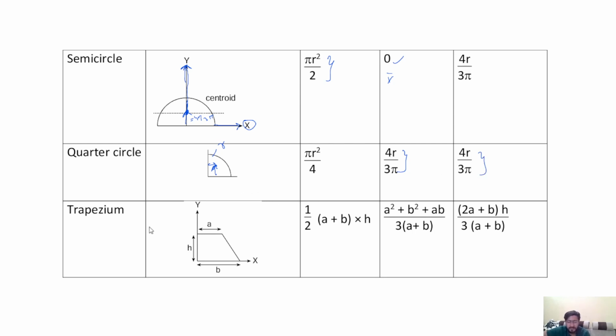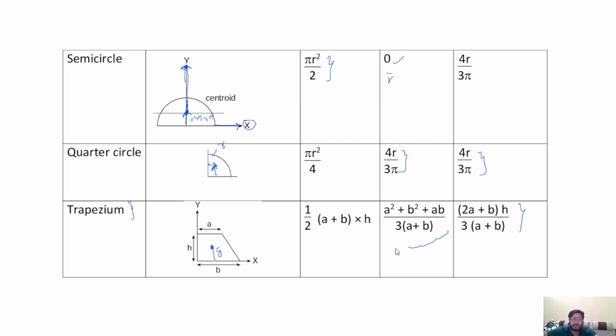And finally, the centroid of the trapezium: x bar is a square plus b square plus ab by 3 into a plus b, and the centroidal y distance, y bar, is equal to 2a plus b into s divided by 3 into a plus b. These are the standard centroidal distances of the standard figures, which are always the same.